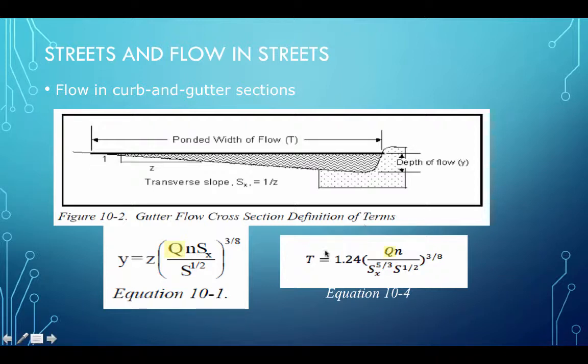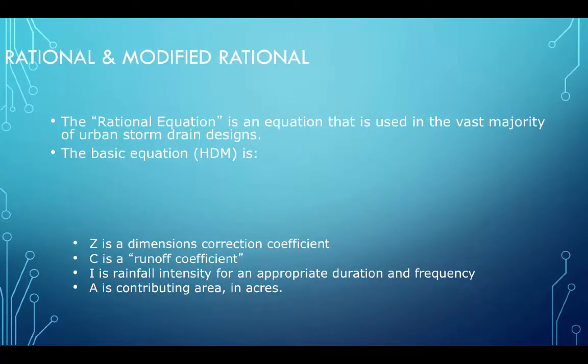And the top width, ponded width, or spread width is also a manifestation of Manning's equation. So S sub x is the cross slope or transverse slope, and S is the symbol for longitudinal slope in the direction of flow.